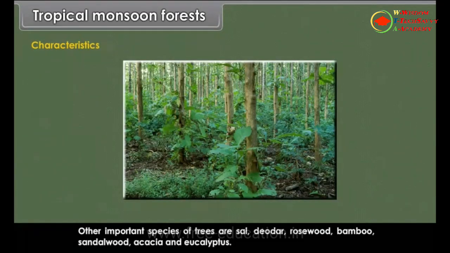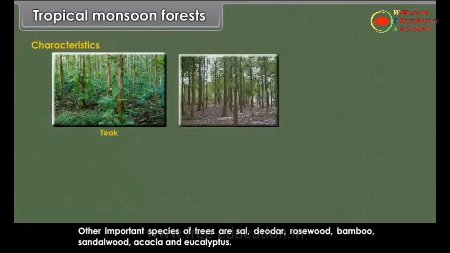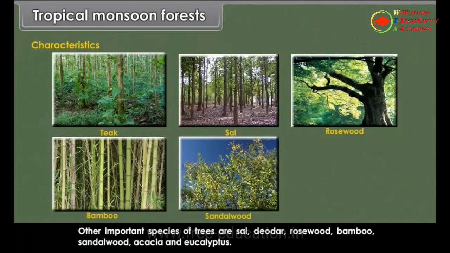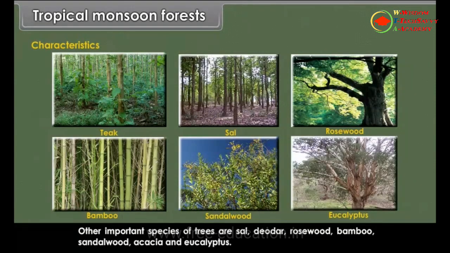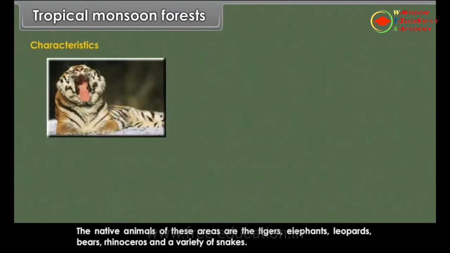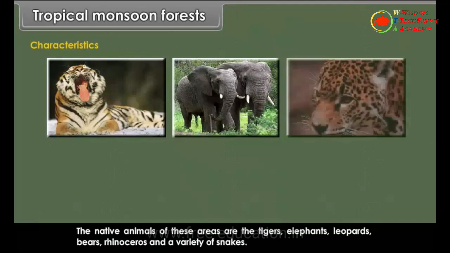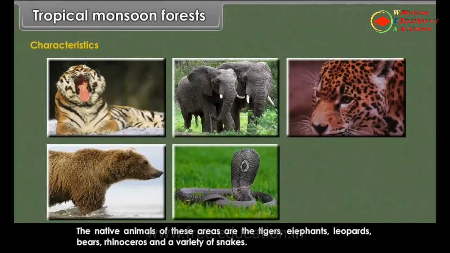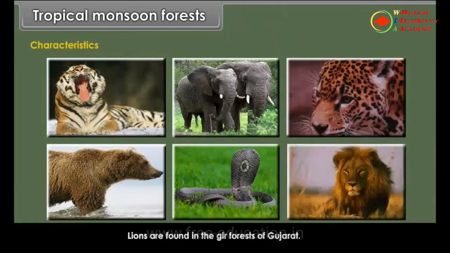Other important species of trees are sal, deodar, rosewood, bamboo, sandalwood, acacia and eucalyptus. The native animals of these areas are the tigers, elephants, leopards, bears, rhinoceros and a variety of snakes. Lions are found in the Gir forests of Gujarat.